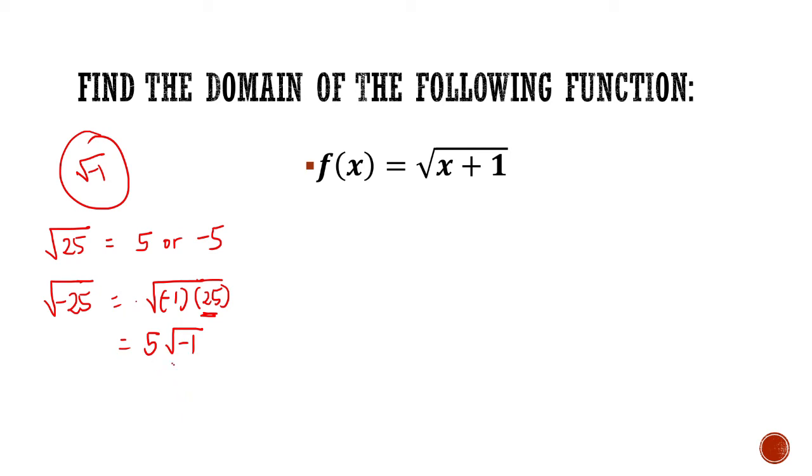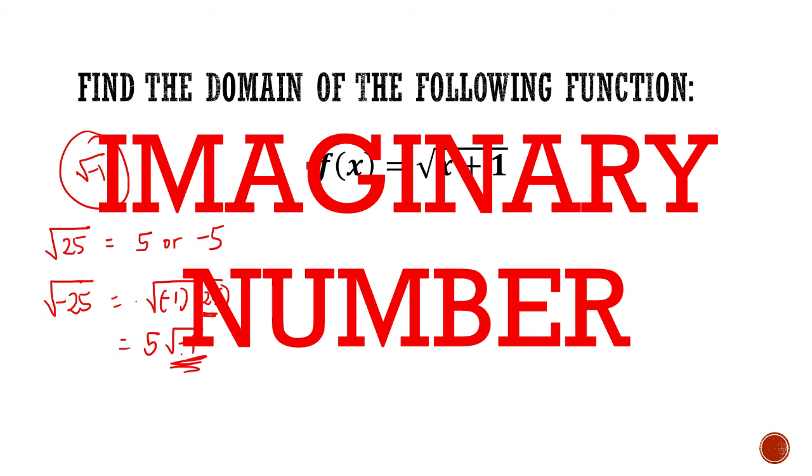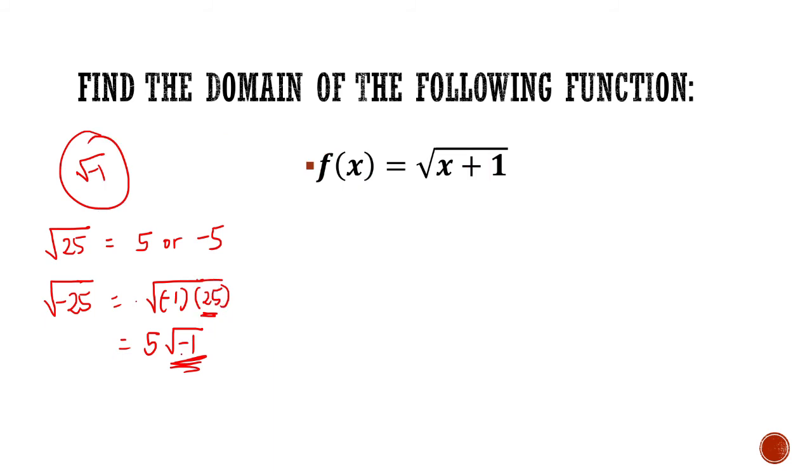And negative 1 here is what we call an imaginary number. This is a number beyond the real number system. Sa Cartesian plane lang kasi po, ang kinikater lang na number doon ay yung mga real numbers. This is a number that we can never find in the Cartesian plane. So this is what we are avoiding.